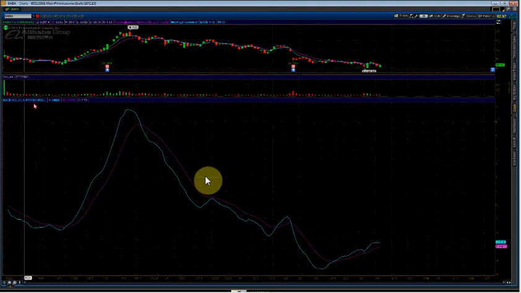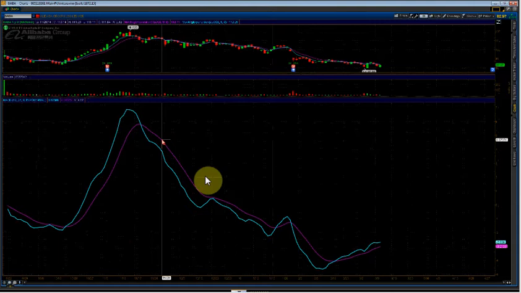So the 12, 26, 9 means my purple line here, I set it as purple, it doesn't default as purple, is a 9 exponential moving average. The MACD basically shows me the convergence points, the points that they come together, and the divergence points, the points in which they move apart.